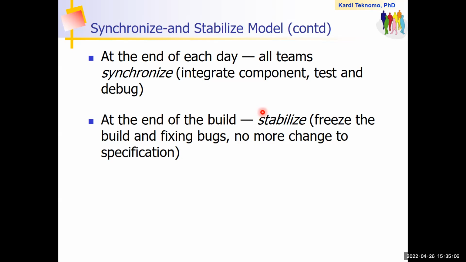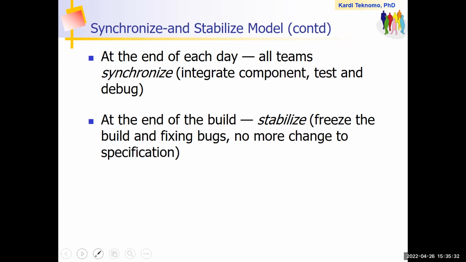So this is called a stable version. If you look at software, sometimes you download, right? What will you download? The one in development or the one that is already stable. The word stable actually comes from here. So they synchronize and then they stabilize.